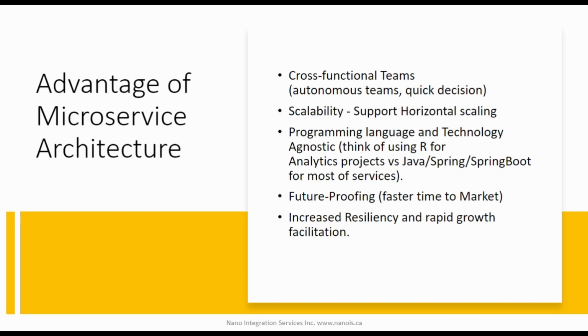And then there is another team on the analytics side of the business, working with a large set of data and doing the analytics. Then they can probably go with R, which is a language mostly used for analytics projects.